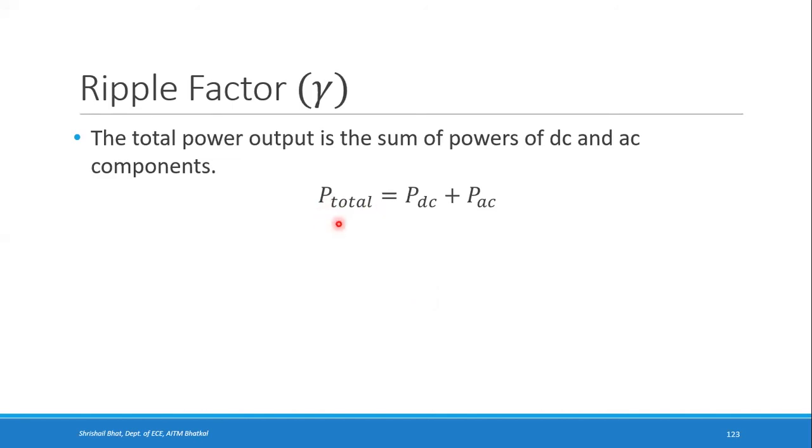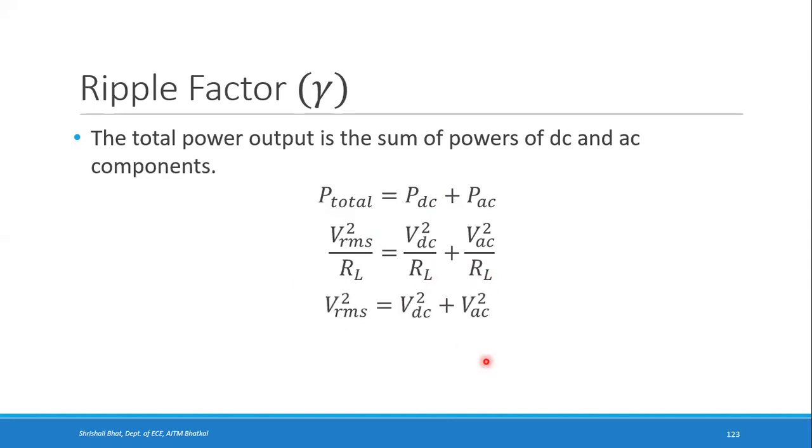Power in terms of voltage we can write as V square by R. For the total power we consider the RMS value, for PDC we consider the DC value, and for PAC we consider the AC value. So Vrms square by RL is equal to VDC square by RL plus VAC square by RL. Since RL is common, we can eliminate it and write it like this.